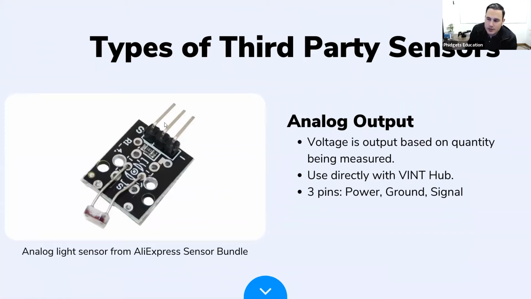The minus is ground, so that's where we want to put our black cable. The signal is S, so that's where we want to put our white cable. The last one will be power, so that will be red. There'll always be some kind of indication of how to configure your cables, but if you're not sure, you can always email us and we can give you some help.